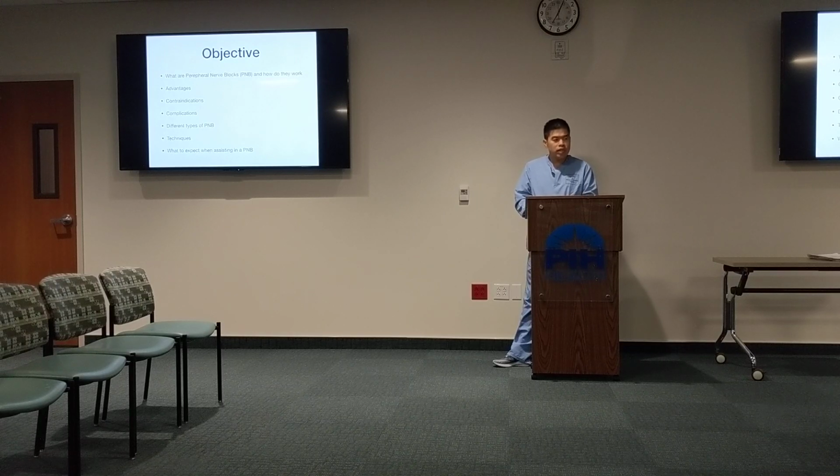And we'll take a look at a few of the different nerve blocks that we do here at Downey. We'll look at some of the techniques involved when we are doing the nerve blocks that you may see us do. And then we'll talk a little about what to expect when you are helping to assist in a nerve block.